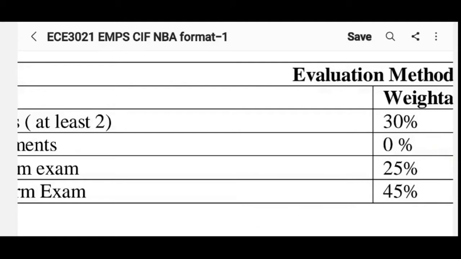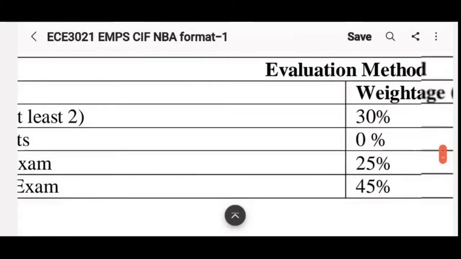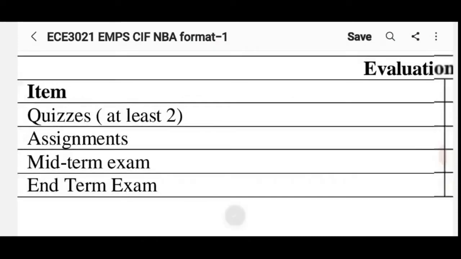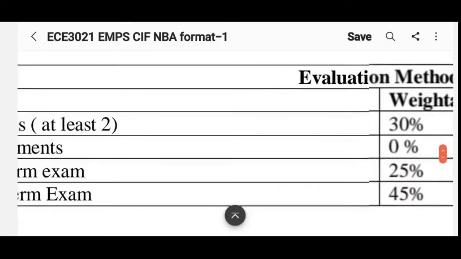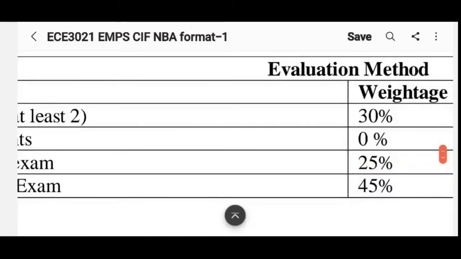You have to do them well if you want to do well in the exams and in the quizzes. And the midterm exam has a weightage of 25%. I will plan for 3 quizzes, definitely, because 30% is a lot of weightage. So 3 quizzes for sure. And the end term exam has a weightage of 45%.